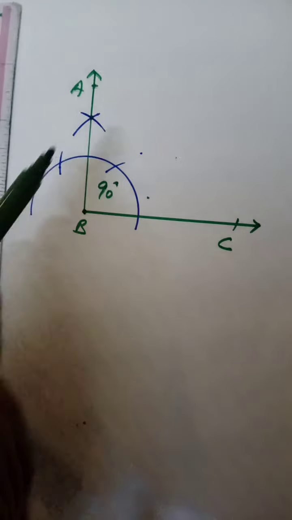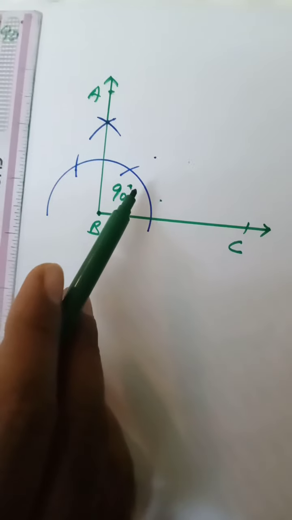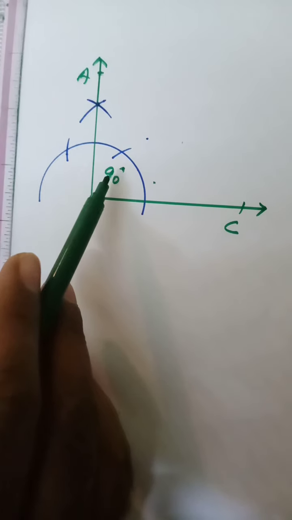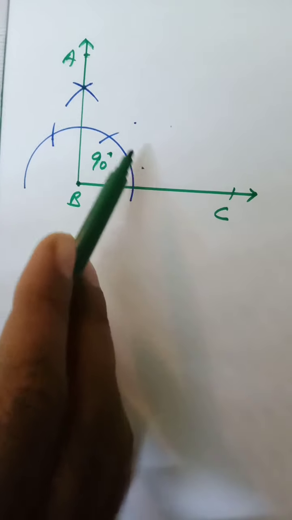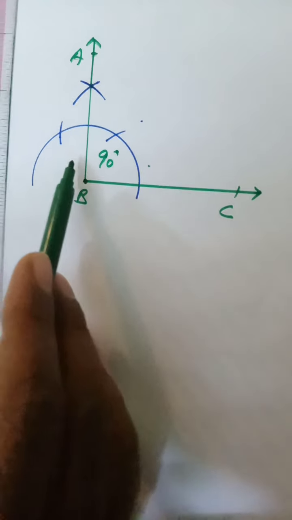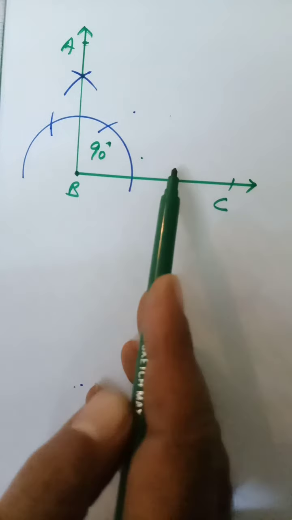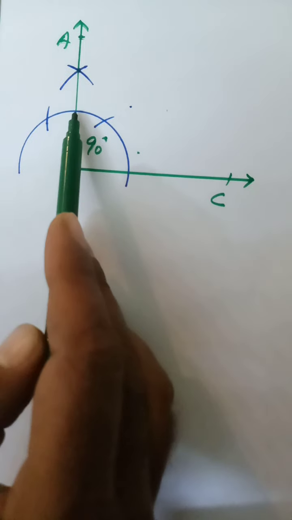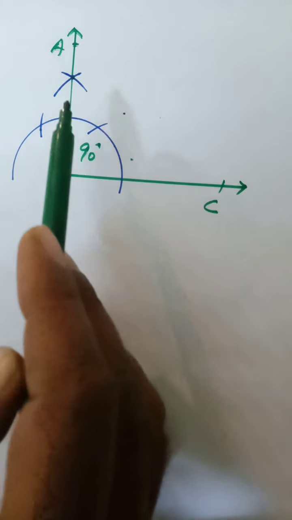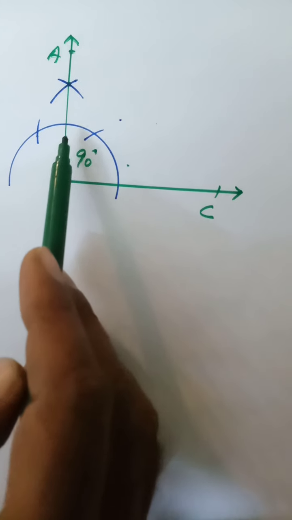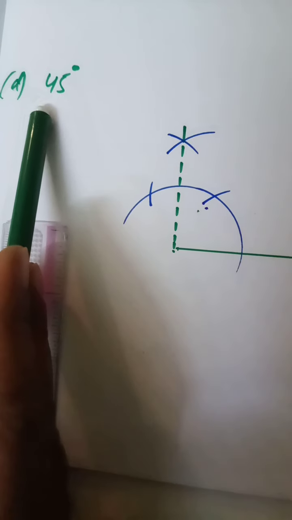Yes, in this way ABC is angle 90 degree, and you should be very careful when you draw the angle of 90 degree, because it should be exactly like this. If it is not exactly 90 degree, it will be very easily noticeable.